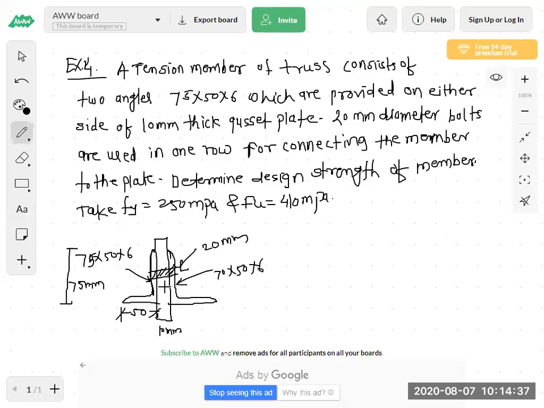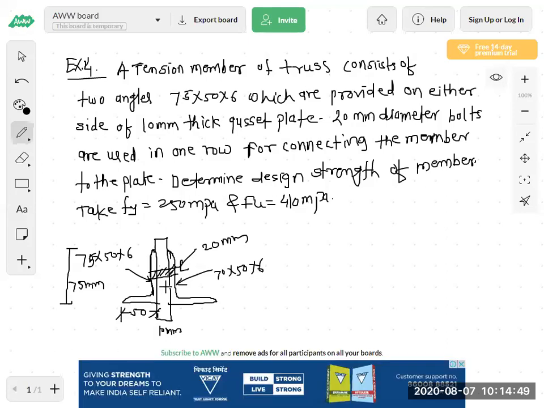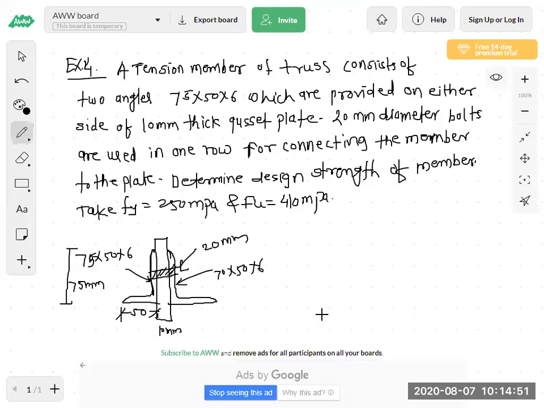In welded connection, they have connected shorter leg, and in bolted connection, in problem number 2, they have said longer leg is connected. But here they have not told in the example which leg is connected. So that we have to assume. We have to assume that 75 mm longer leg is connected.